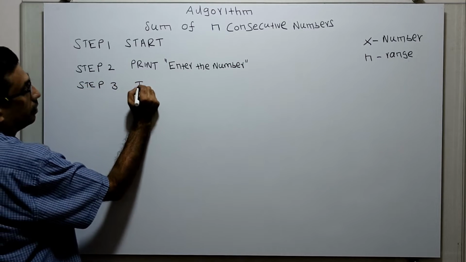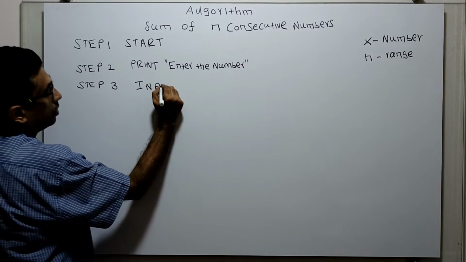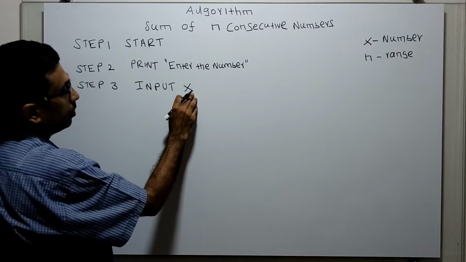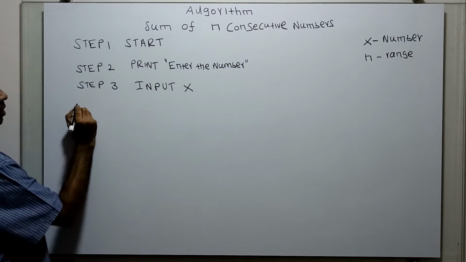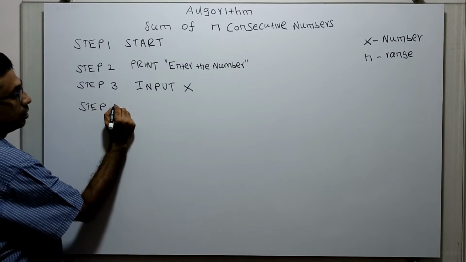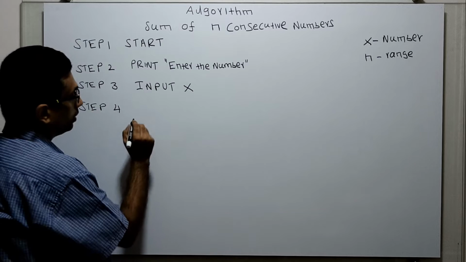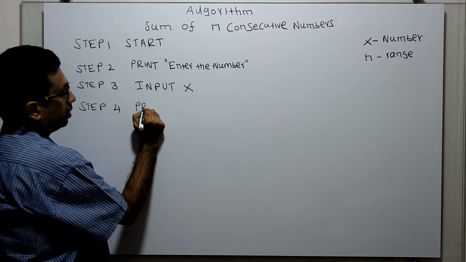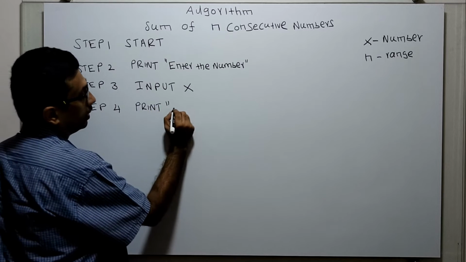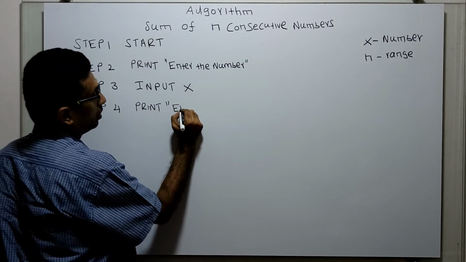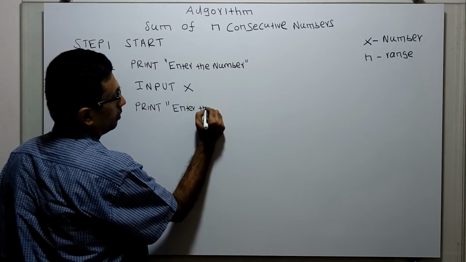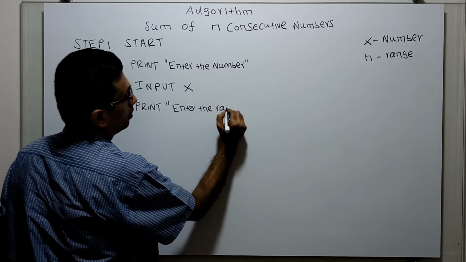Step 3, input x. So I store the number in the variable x. Step 4, again ask the user using a print statement, enter range.